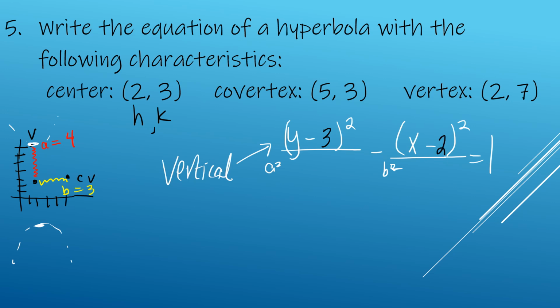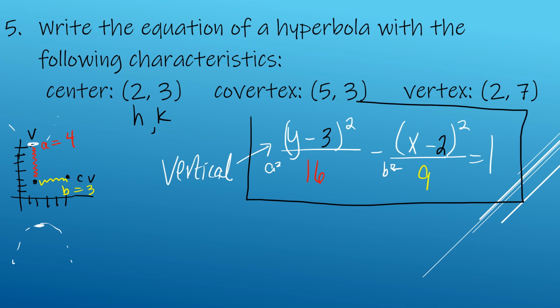My a value was 4, so a squared will be 16, and my b value is 3, so my b squared will be 9. So our final is y minus 3 quantity squared over 16, minus x minus 2 quantity squared over 9, all equals 1.